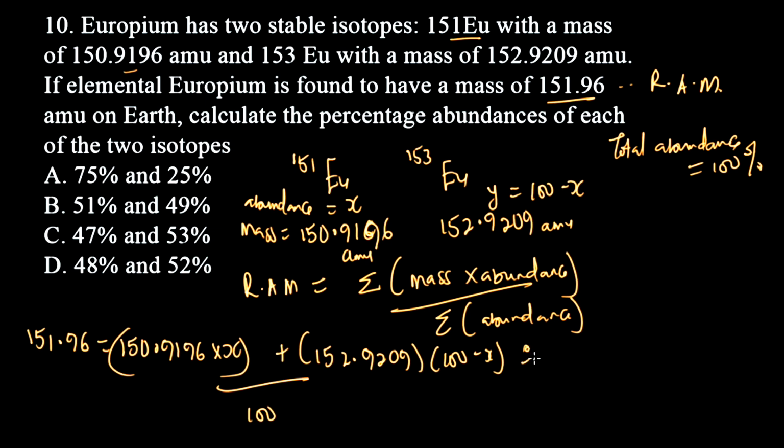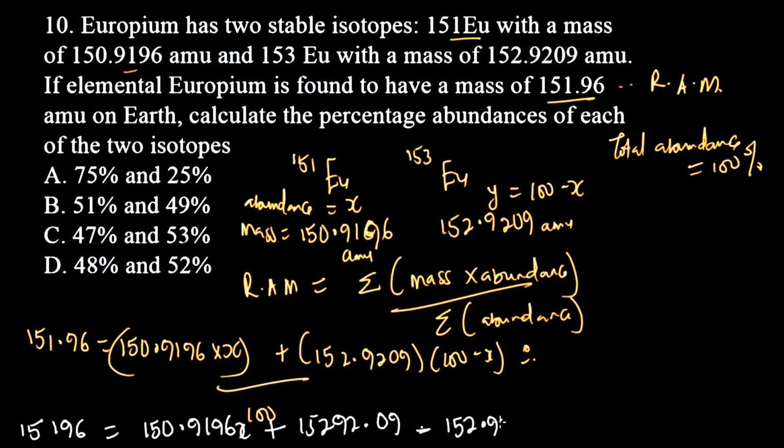So therefore we have that 15196 equals 150.9196x plus 15292.09. We multiply through, so minus 152.9209x.